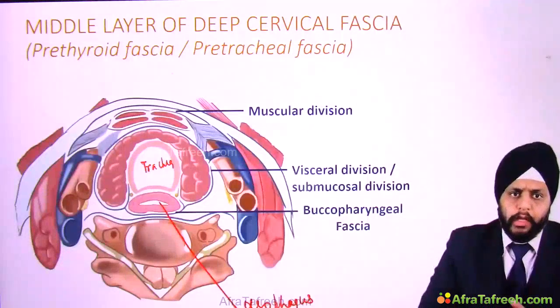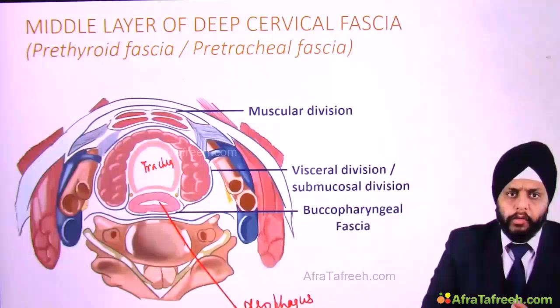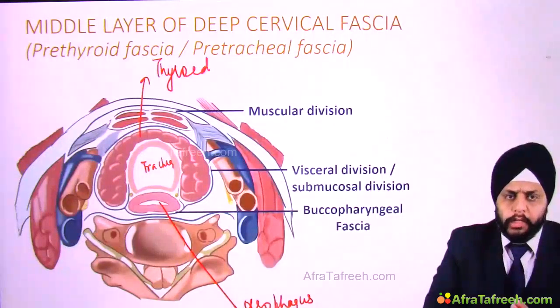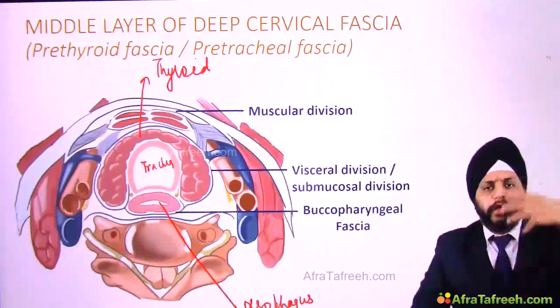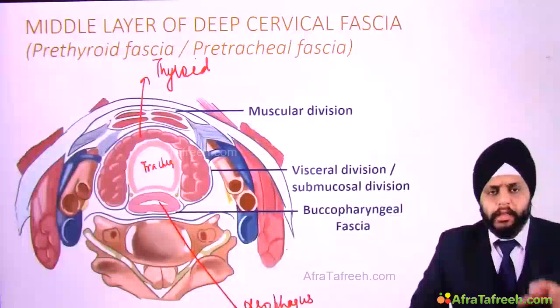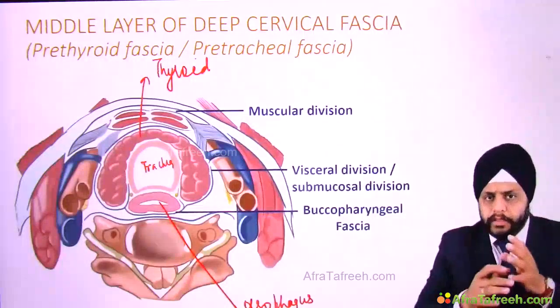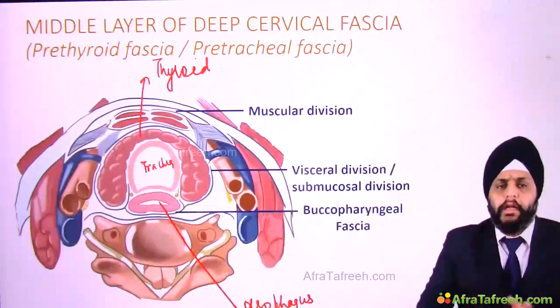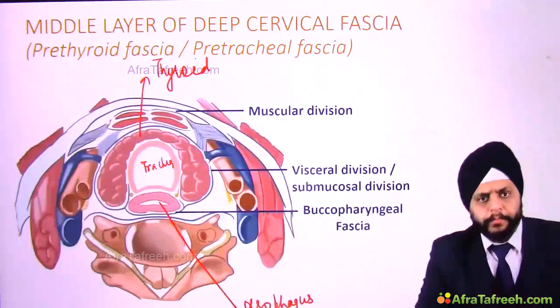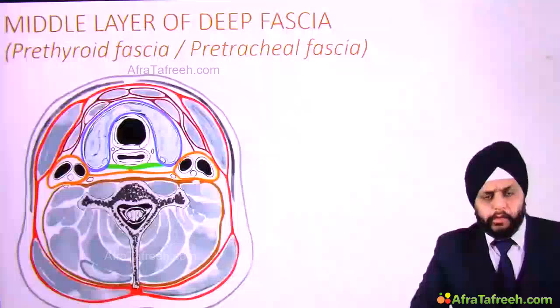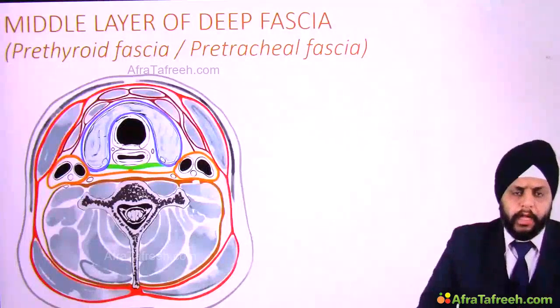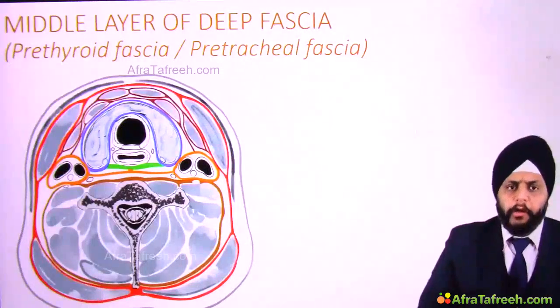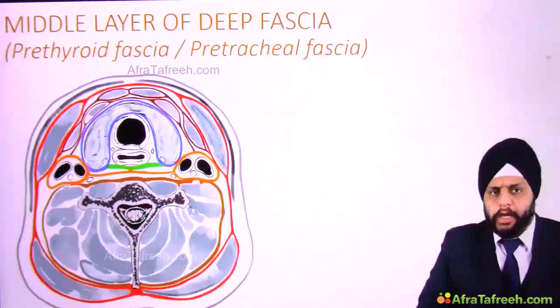So you can see the trachea over here, the thyroid gland, and the esophagus, which will be replaced superiorly by the pharynx, and they are covered by the visceral layer of the middle layer of deep cervical fascia. Now let's look at this diagram. Earlier we saw the superficial layer of deep cervical fascia. Let's look at the middle layer.